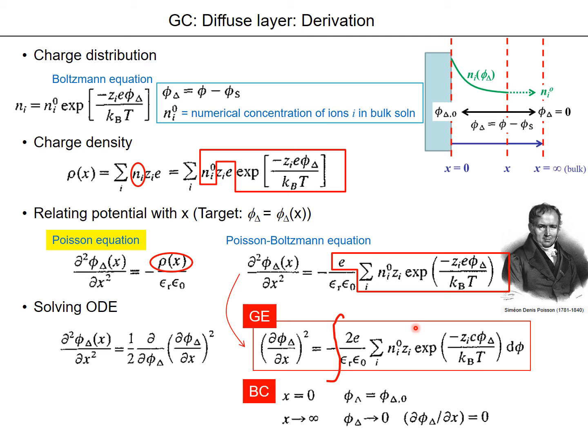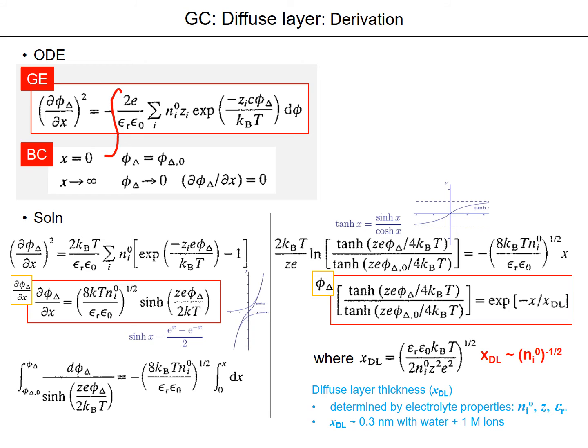Okay, so right now we have the governing equation and boundary conditions. Then we could obtain phi delta as a function of x. Still, we have the governing equation, the boundary condition, which comes from the previous slide, and this is an ODE. So we'll obtain the potential profile around the surface.